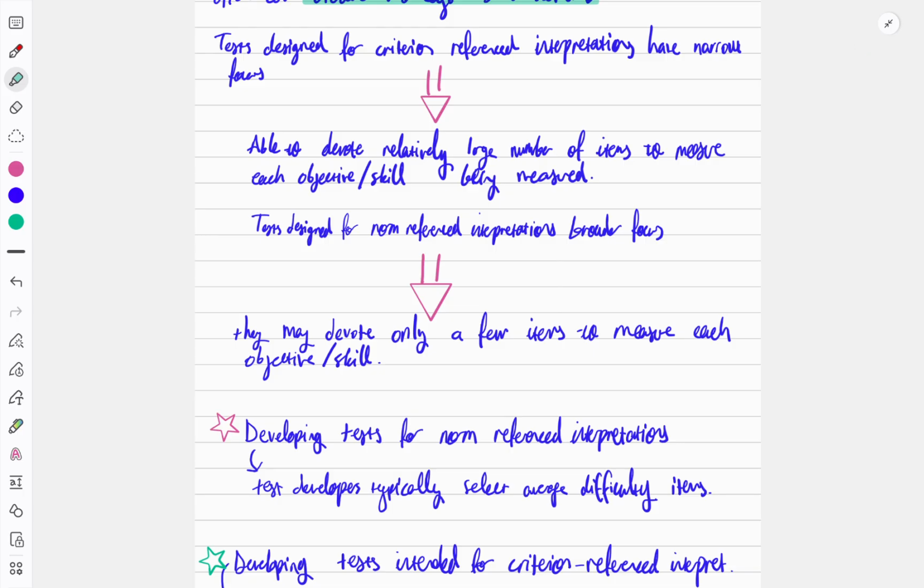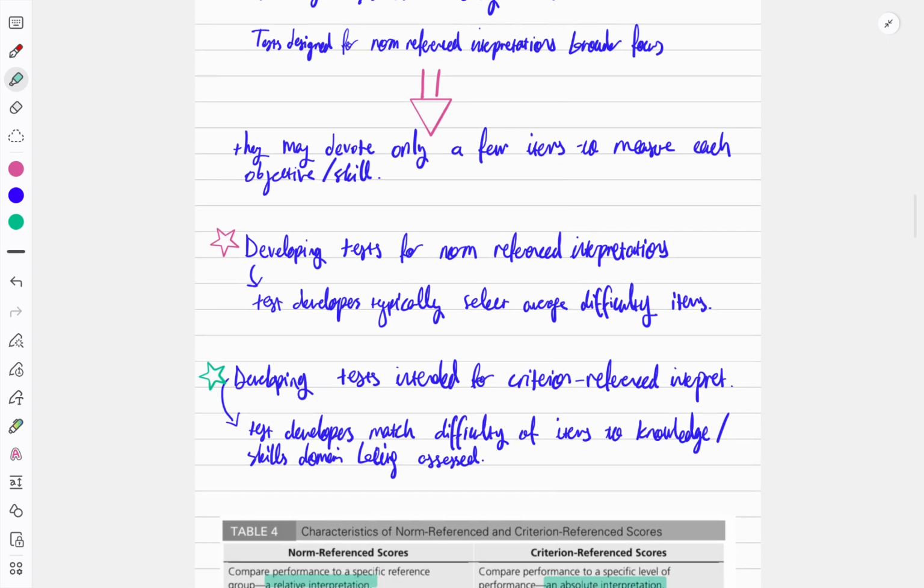So they may devote only a few items to measure each objective and skill, because they have a very broad focus. So when we are developing tests for norm reference interpretations, developers typically select average difficulty items.